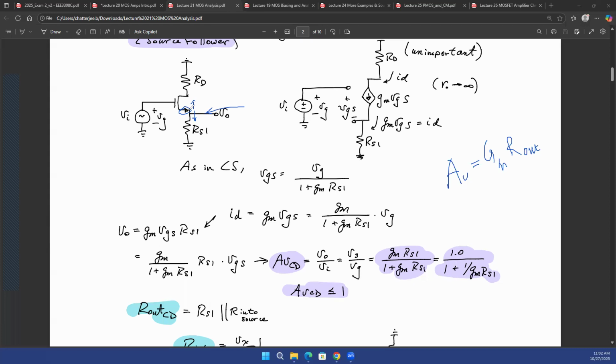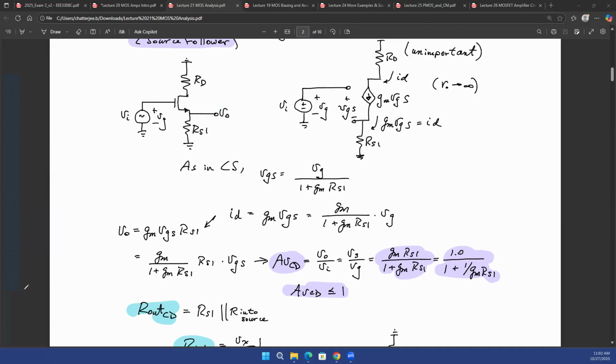We haven't calculated. We know that looking into the drain of the MOSFET, the resistance that you see is RO. Looking into the source terminal of the MOSFET, I'm just saying that you do not know whether it's going to be the same resistance or not, right? So let's calculate what is the resistance that you'll see looking into the source terminal of the MOSFET.